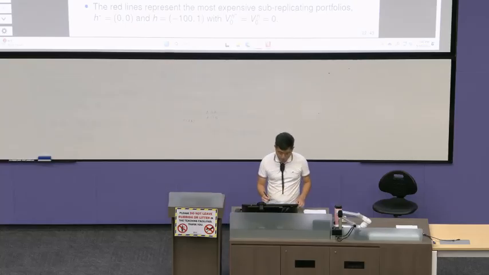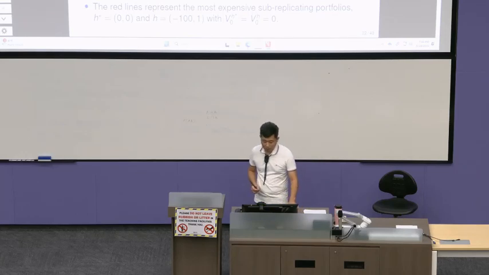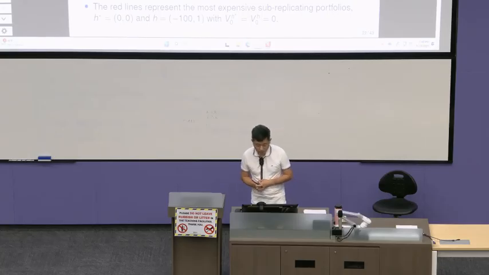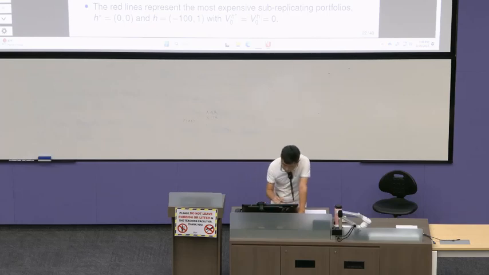And then this black line gives me my cheapest super-replicating portfolio. What does this mean?